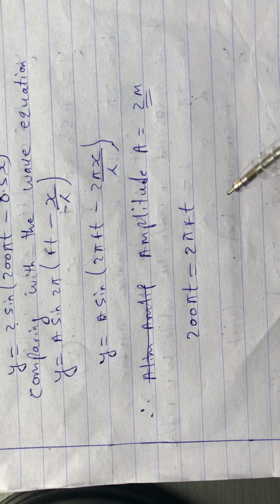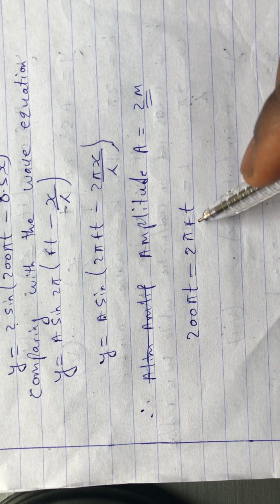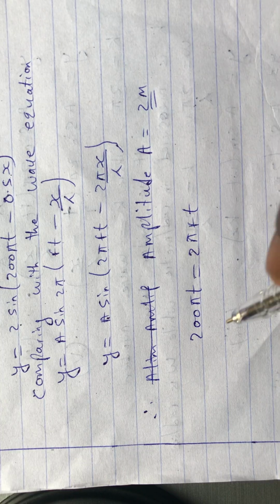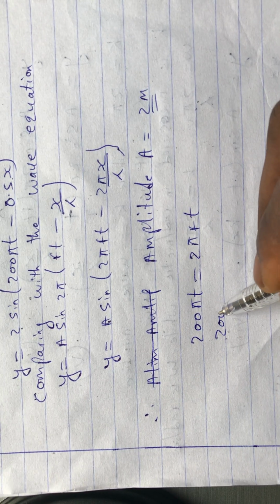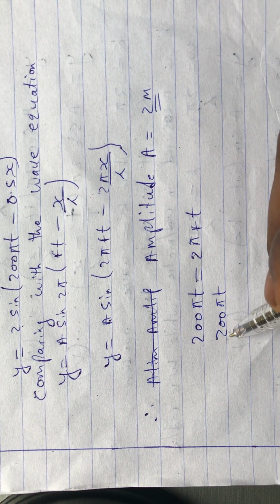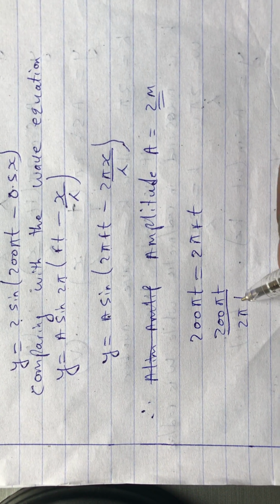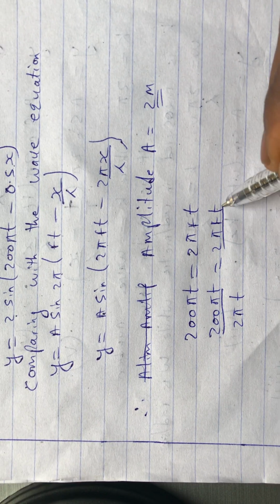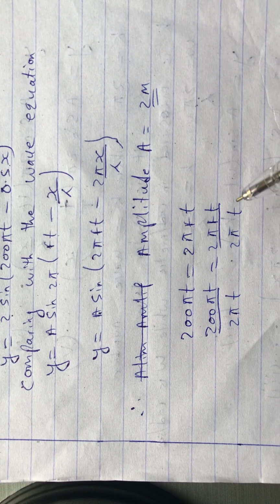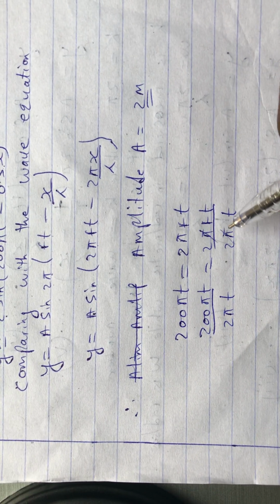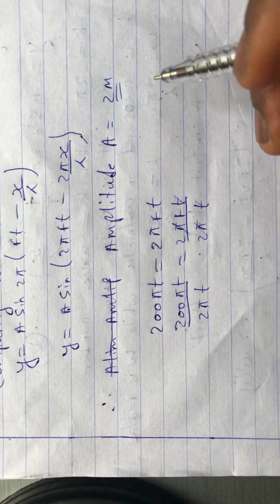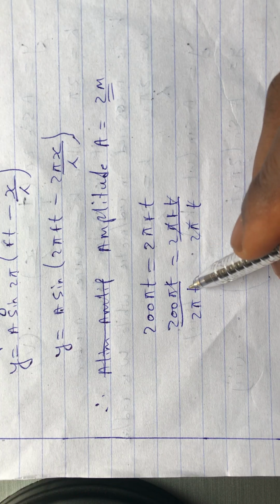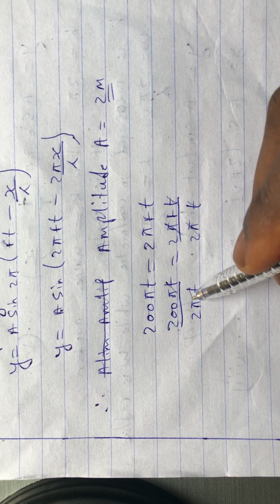Now, we are finding f. If you are finding f, you are going to make f the subject of the formula. That means you divide both sides by 2 pi t. We are going to have 200 pi t divided by 2 pi t equals 2 pi ft divided by 2 pi t. 2 pi t will cancel 2 pi t, t will cancel t, pi t will cancel pi t.